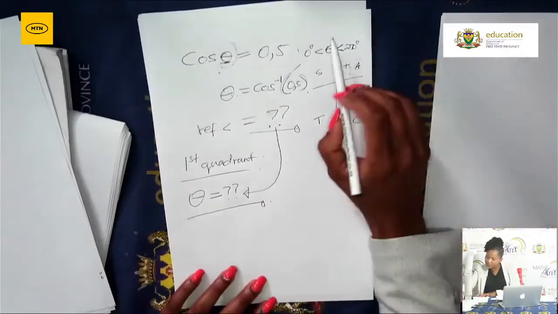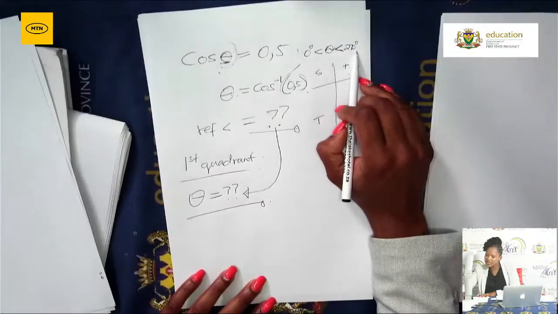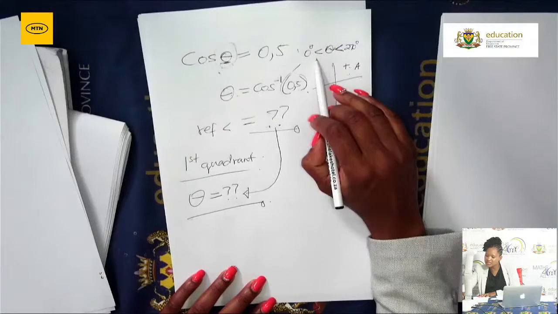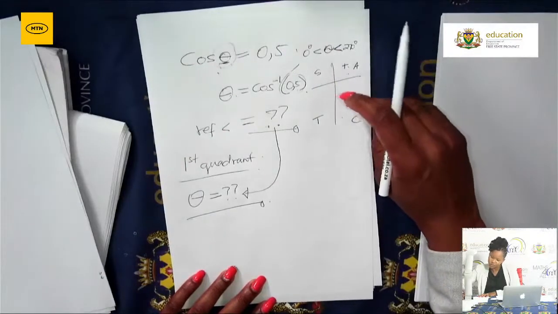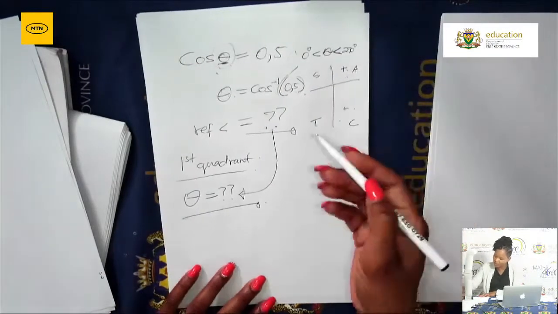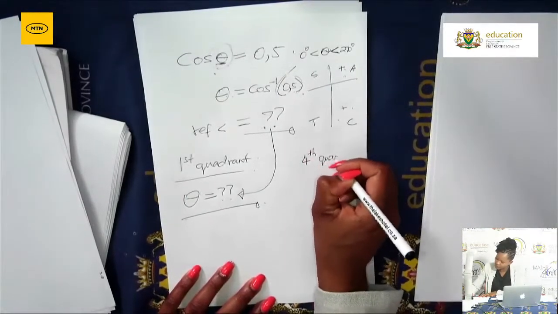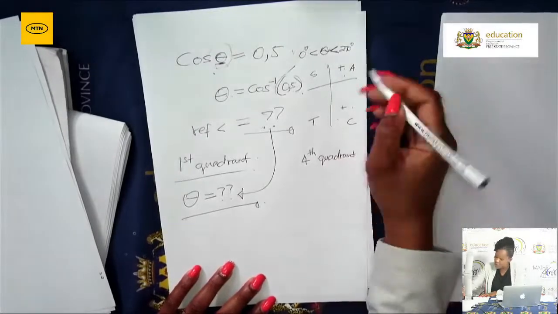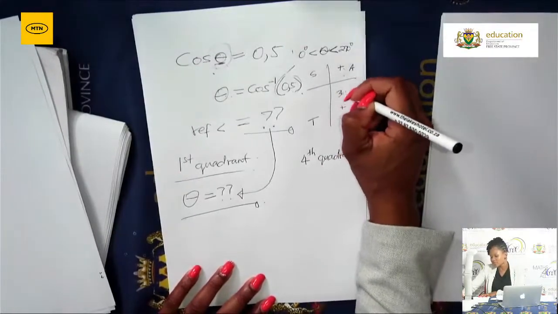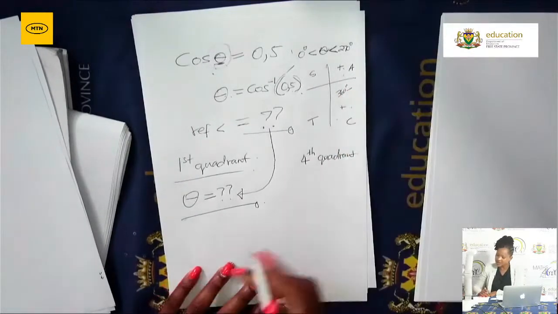But if the restriction was theta less than 360 and greater than 0 degrees, including this one, then it will mean we will have to say 4th quadrant. In the 4th quadrant, we know that we have 360 degrees minus.